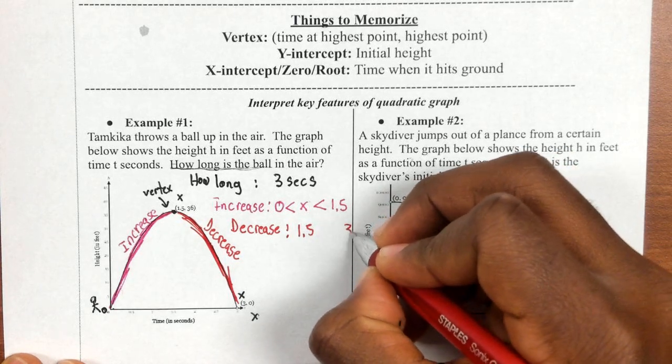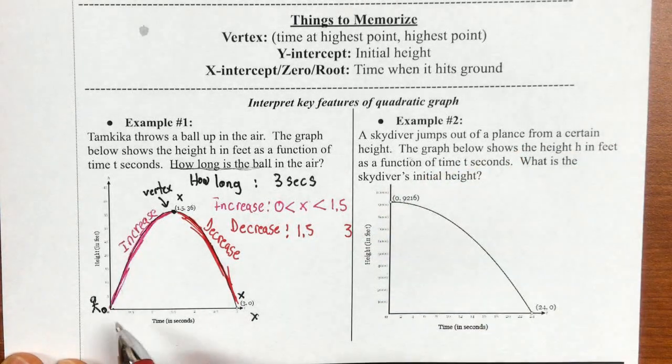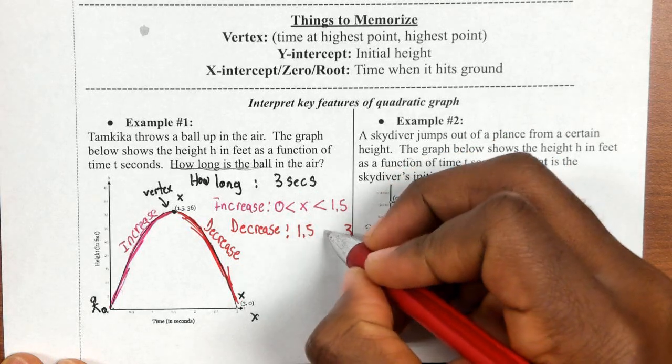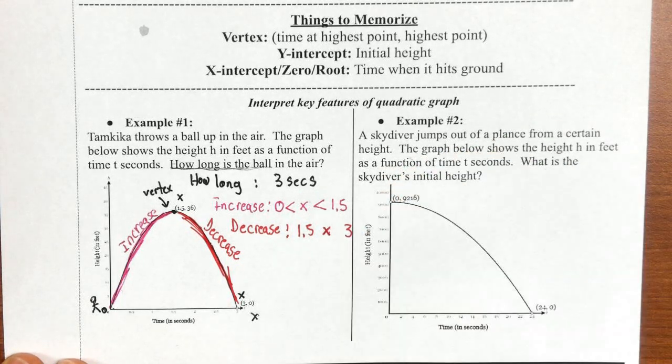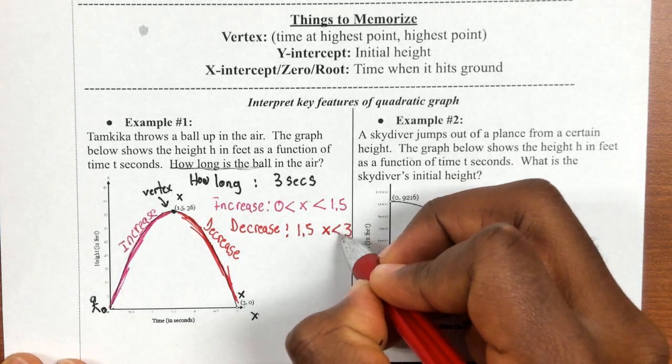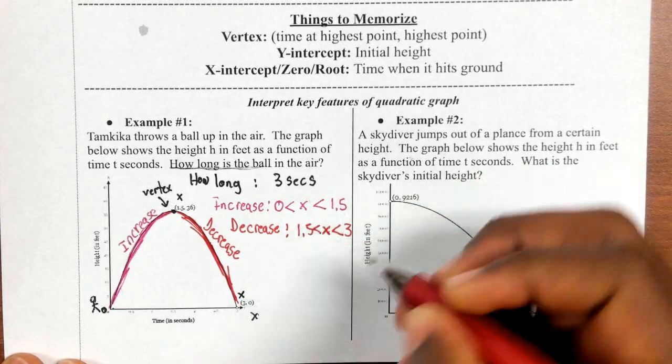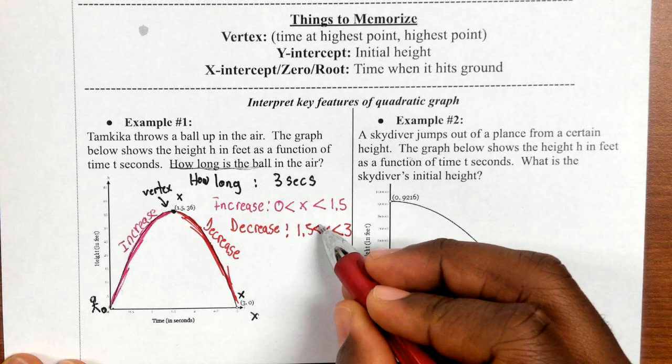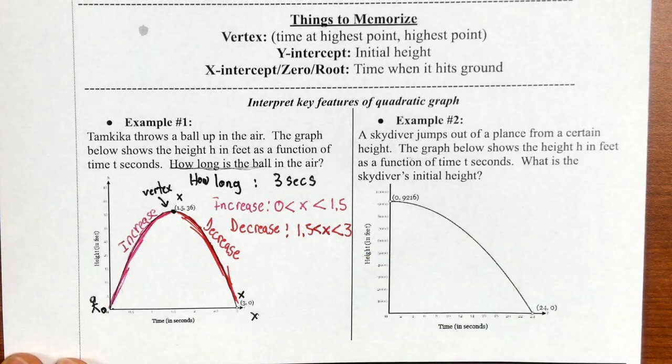Again, we're looking from left to right, so we're looking at the x values. Which one is bigger, 1.5 or 3? 3. So your operator faces that 3 because 3 is bigger.